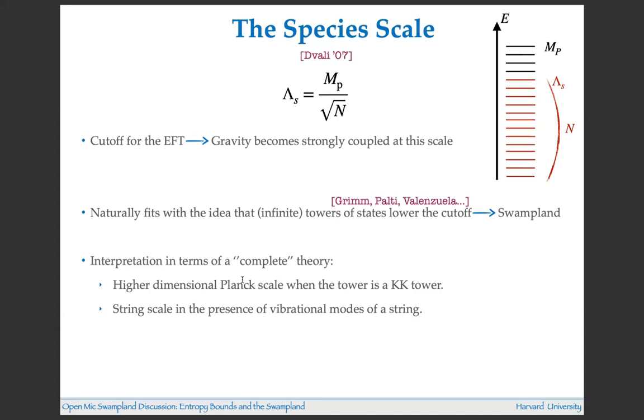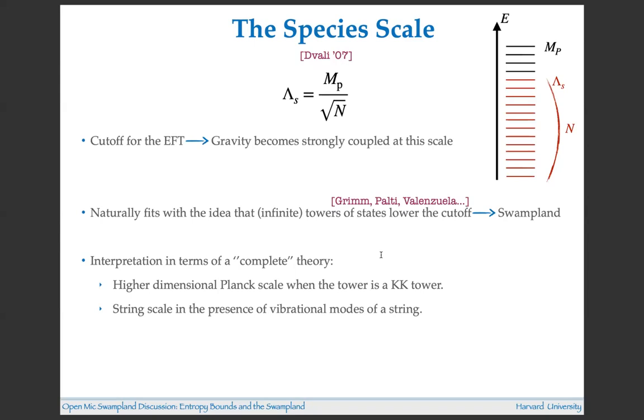Once one goes to the compactification limit, the KK modes become light and enter as light species, changing the real cutoff of the theory. It is plain from that computation that this species scale turns out to be just the higher dimensional Planck mass.